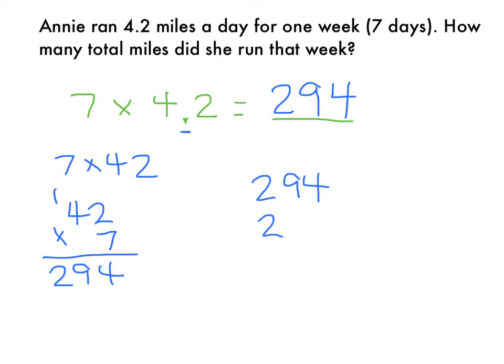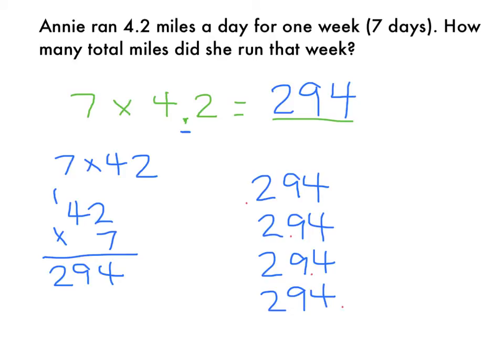So these are some of my options. I could have it be 294 thousandths. It could be 2 94 hundredths. It could be 29 4/10, or it could be 294.